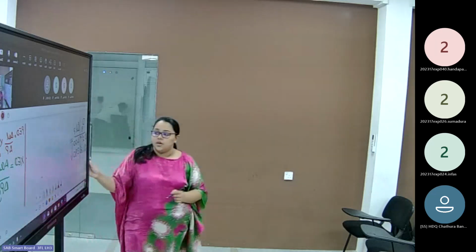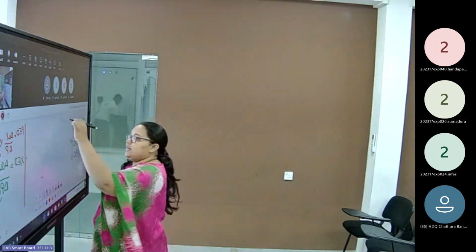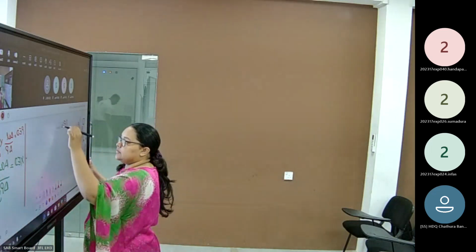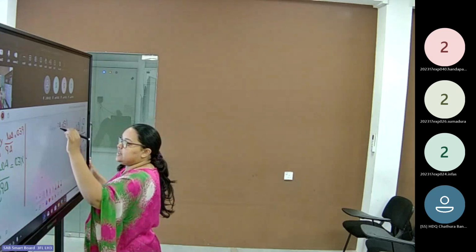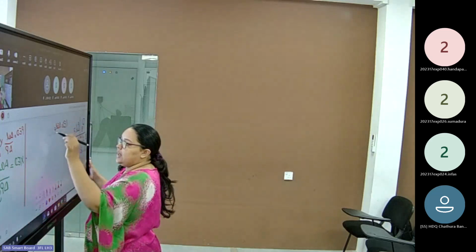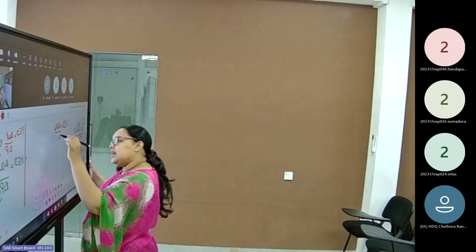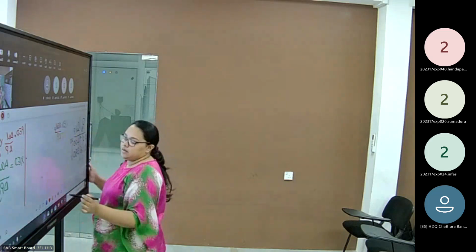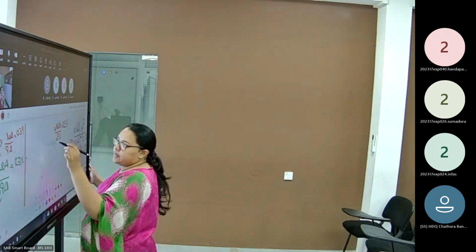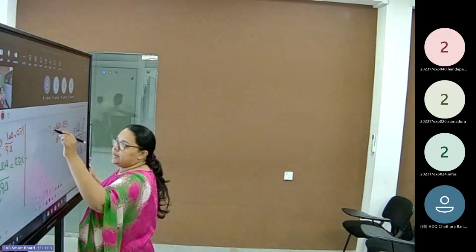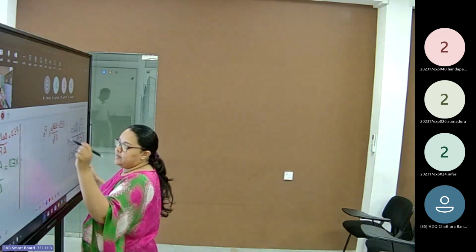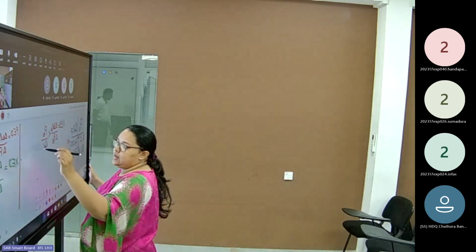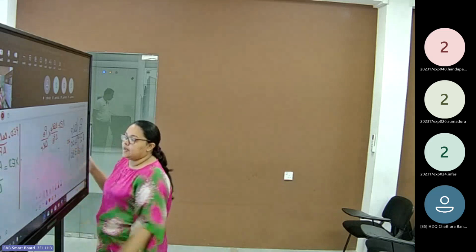Okay. So, let's see the XED calculation. Change in QD of pizza divided by change in price of burger into price of burger divided by QD of pizza.